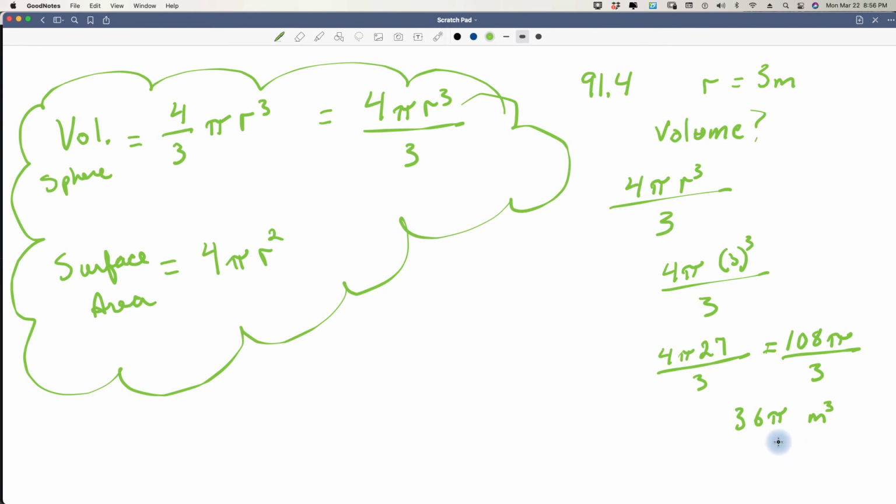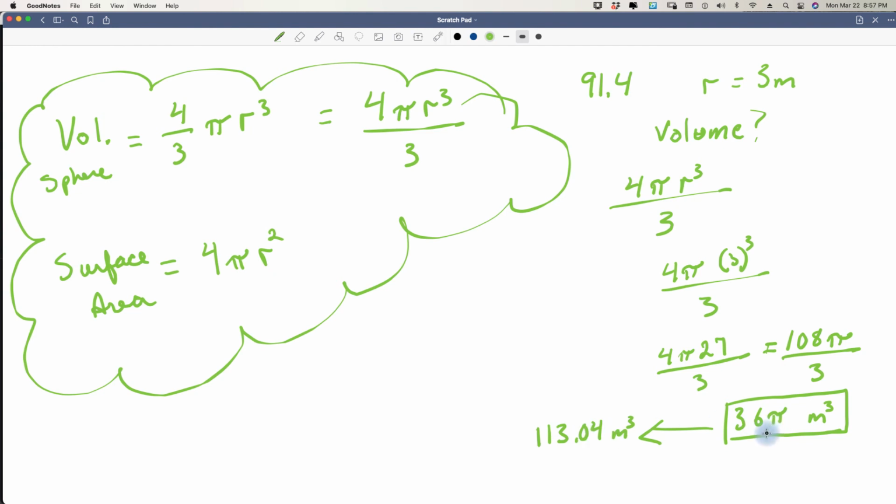Okay? That is the answer I'm going to look for. Now, if you were to multiply 36 times pi, then I'm going to go ahead and box it in so it's clear. You could also do 36 times pi, which is 36 times 3.14, and you would end up with 113.04 meters cubed. Same answer.